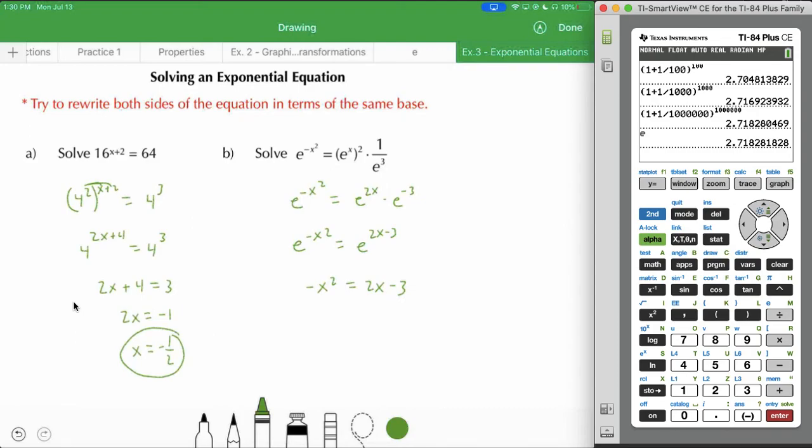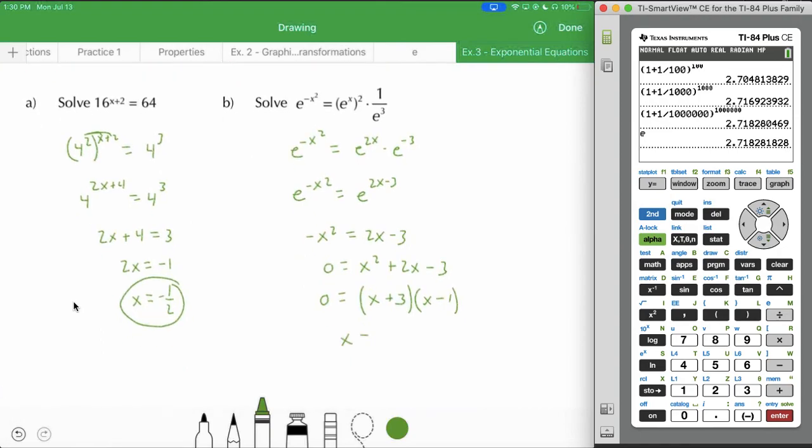So now I'm going to set this equal to 0, factor, x could equal -3, or x could equal +1. All right? So there's two examples in which you can solve an exponential equation by getting both sides of the equation down to the same base.